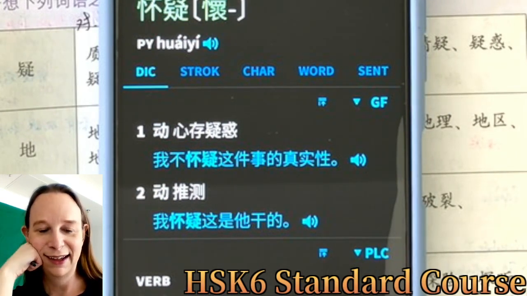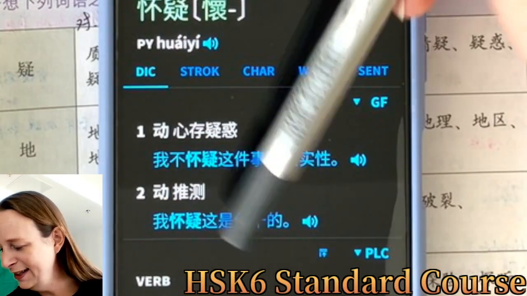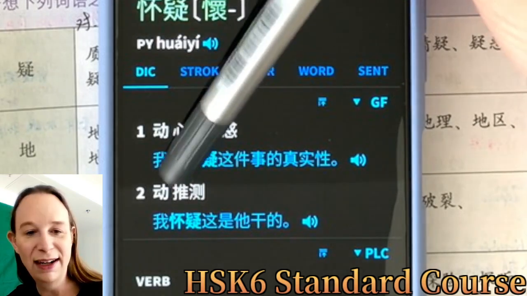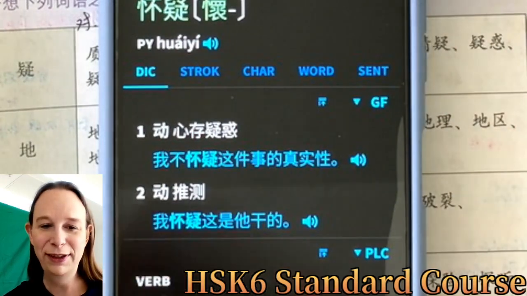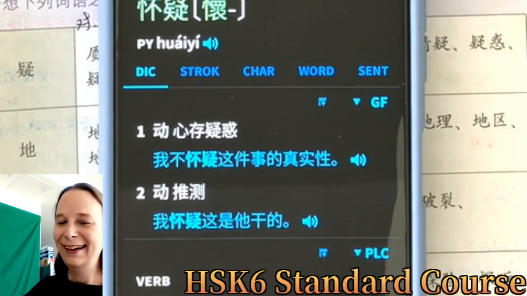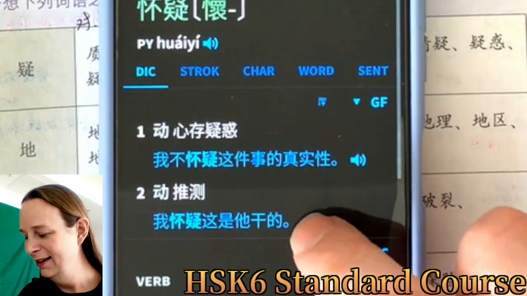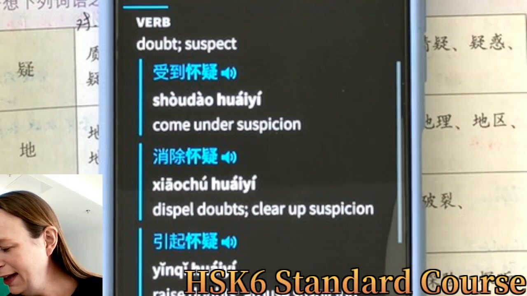Okay, that's interesting. 推测. So this means it was done by him. And this, well, if you get rid of the 不, it means I question its truthiness. Yeah. So they're almost opposites. 受到怀疑.